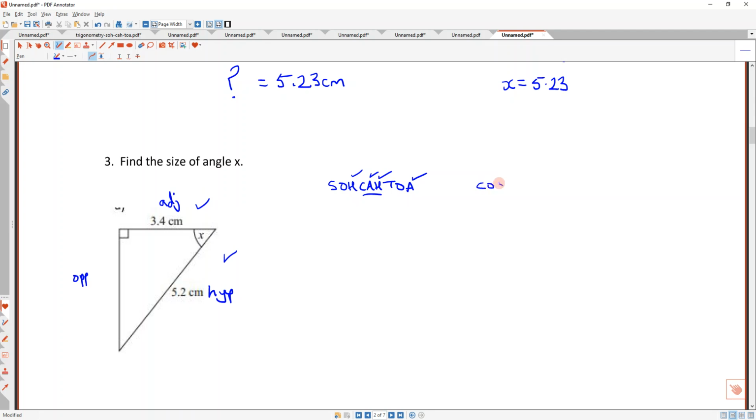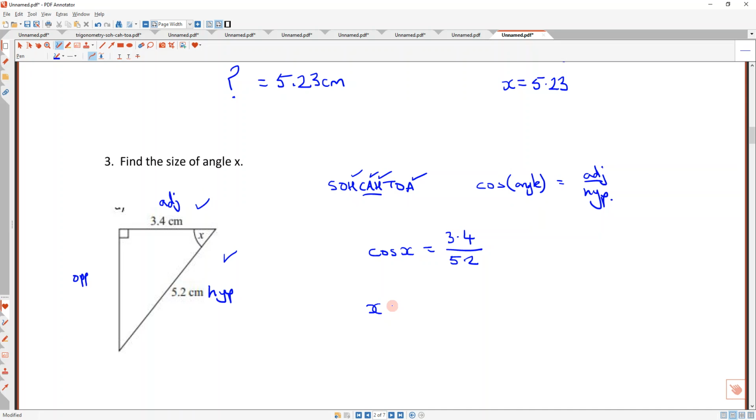So again with the formula, cos of the angle equals adjacent over hypotenuse. Okay, so cos of the angle is x, that's what we're trying to work out. Adjacent is 3.4, hypotenuse is 5.2. Okay, now this time we want to find out what the angle is.